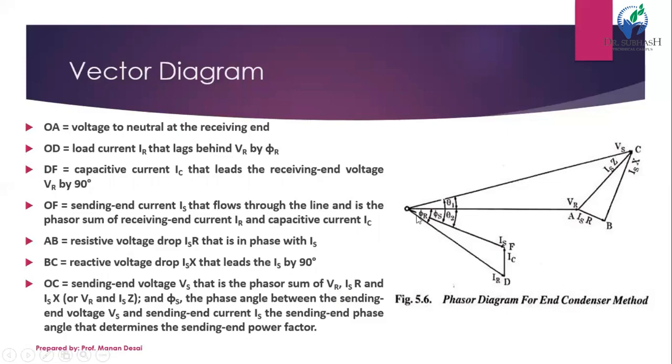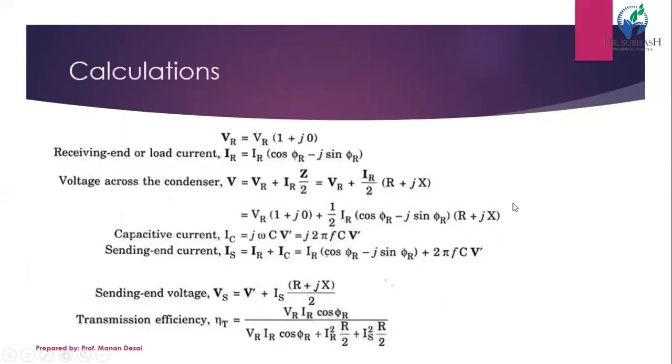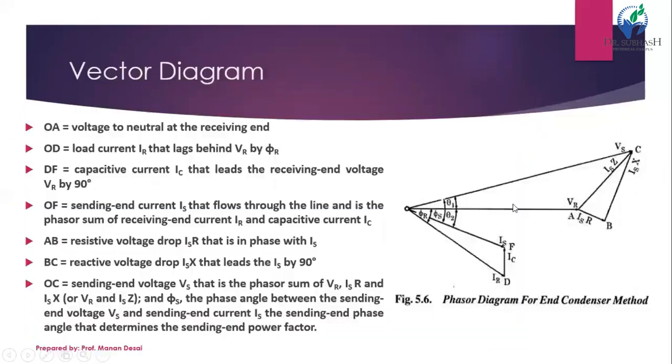OD is the load current IR, which lags behind VR by phi r. Then DF is the capacitive current IC, which leads the receiving end voltage VR by 90 degrees because of the capacitive effect.